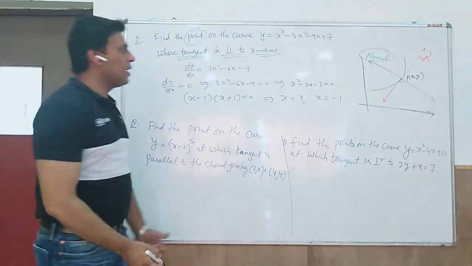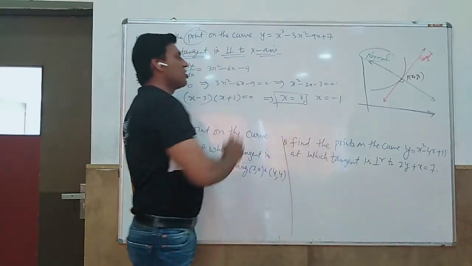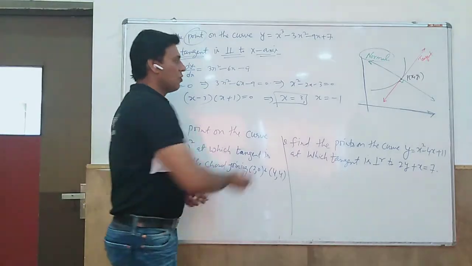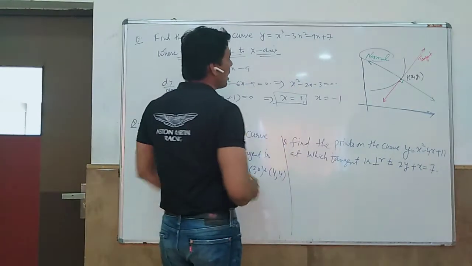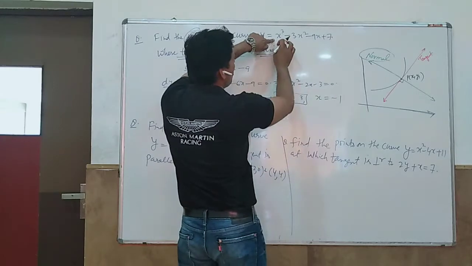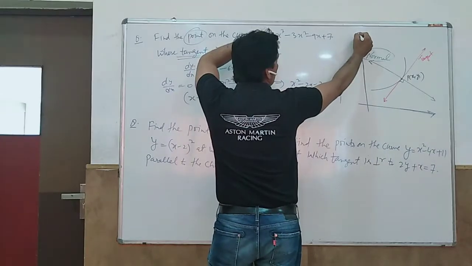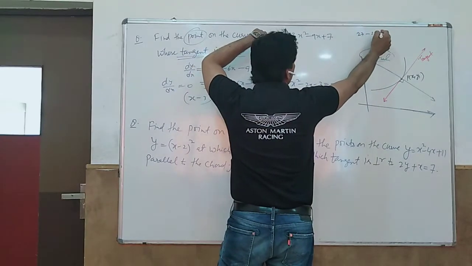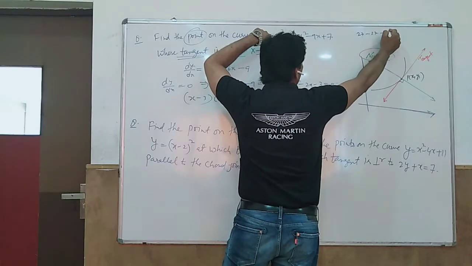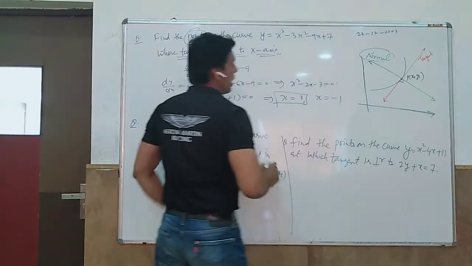To find the complete point, we know x is equal to 3. So what is y? We have to put x is equal to 3 in this curve. So okay, we are putting x equal to 3 in this curve. So we will have 27 minus 27, then minus 27 plus 7. So we will have minus 20.